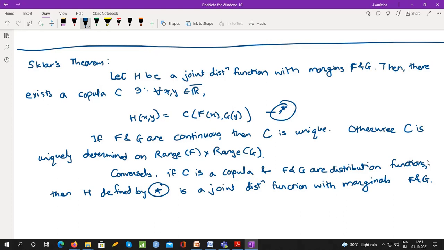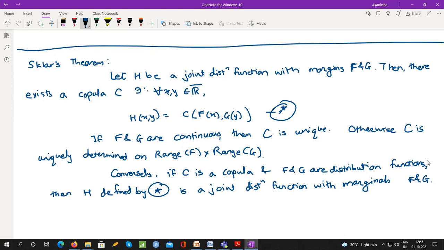For example, yesterday we saw that we had one uniform -1 random variable and one standard exponential random variable, and I want to construct some joint distribution from those. So my only condition is that whatever joint distribution comes up, that distribution should have these two CDFs, that is the uniform CDF and the standard exponential CDF, as the marginals.